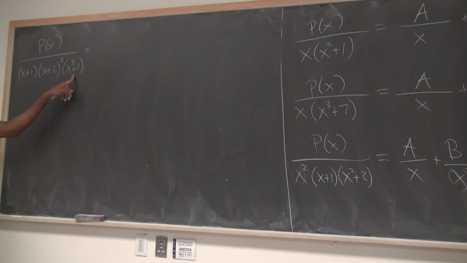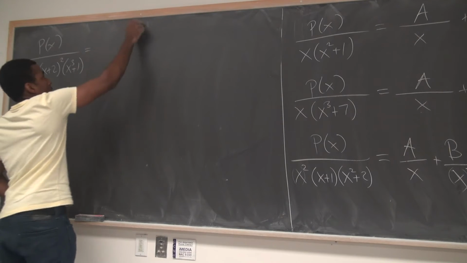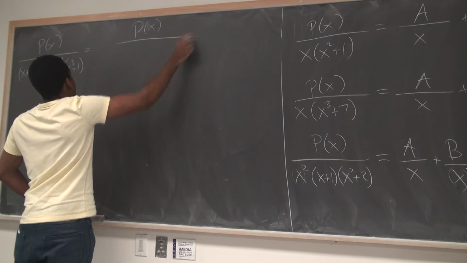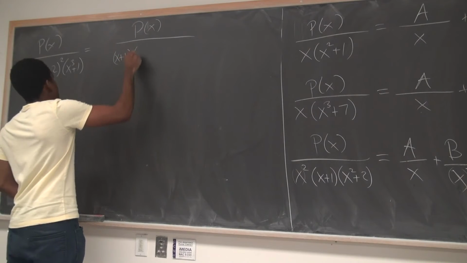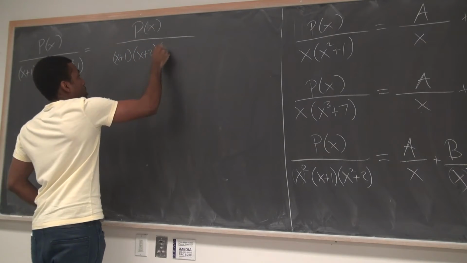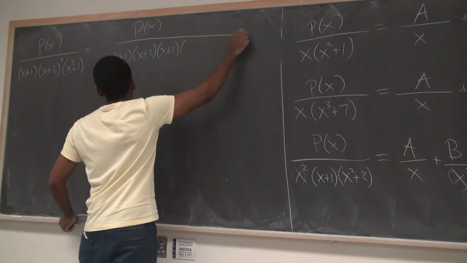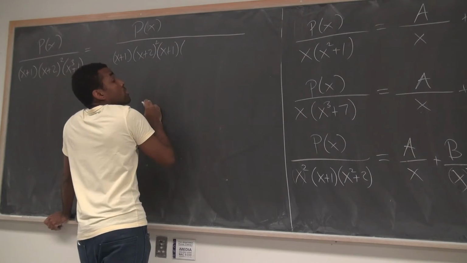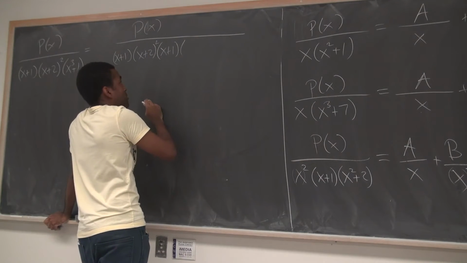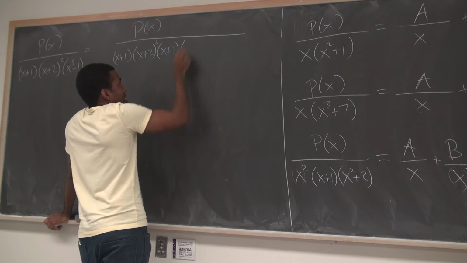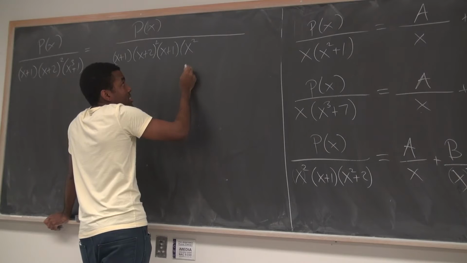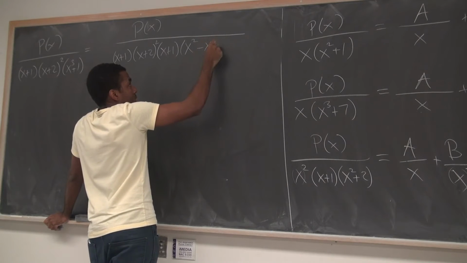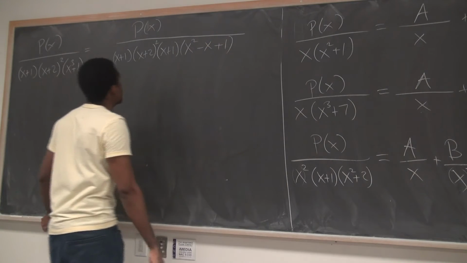It's not factored completely. We can't actually factor x cubed plus 1, right? What is x cubed plus 1 factored? It goes into x plus 1 times x squared minus x plus 1.